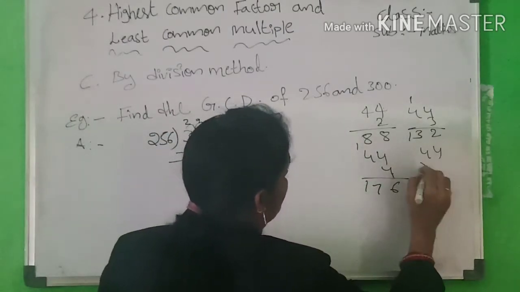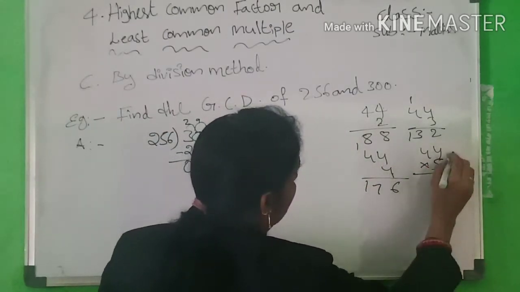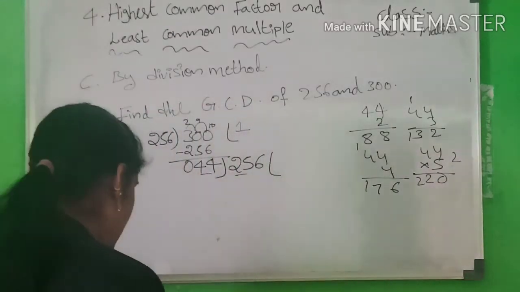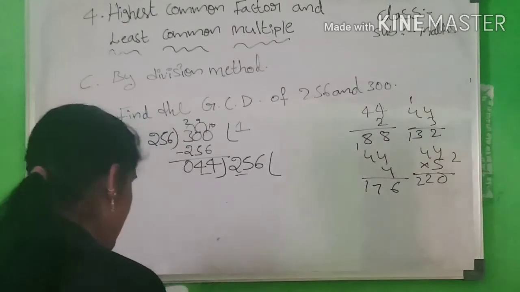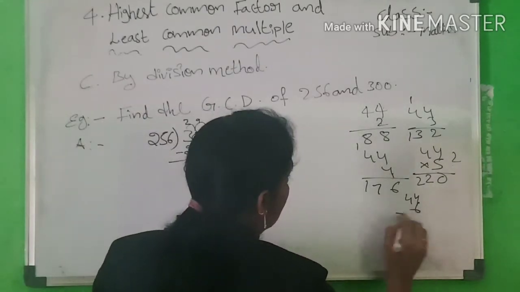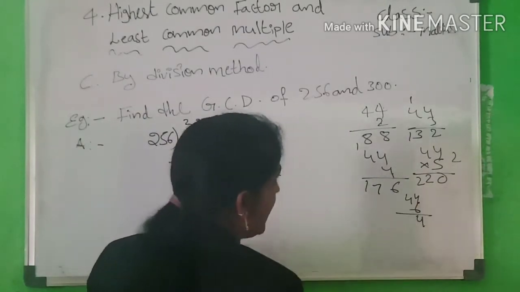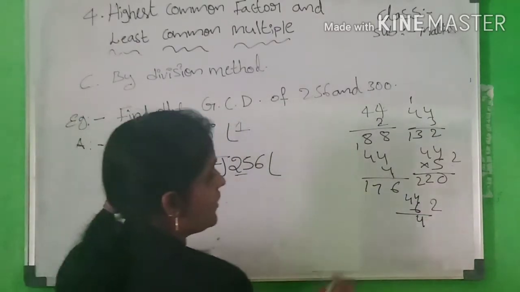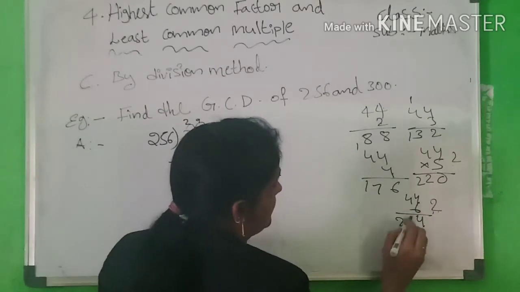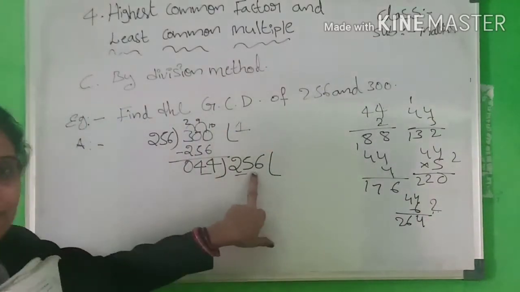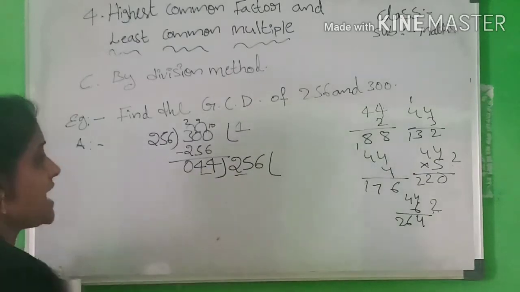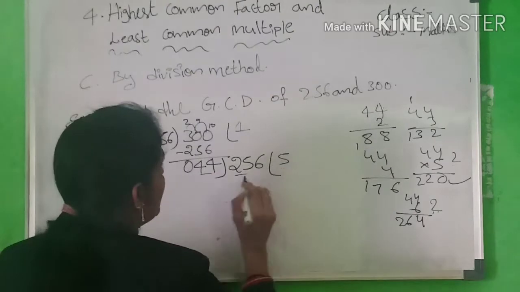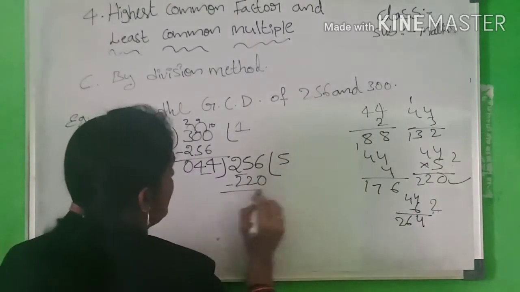44 6s are 264, but here we have 256, that's why we take 44 5s are 220.